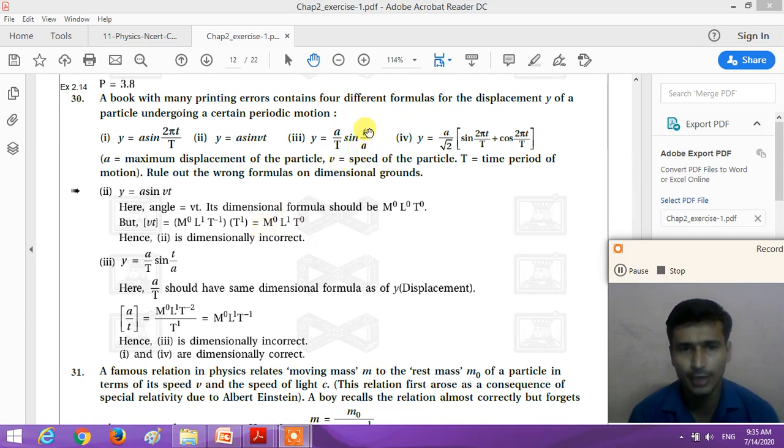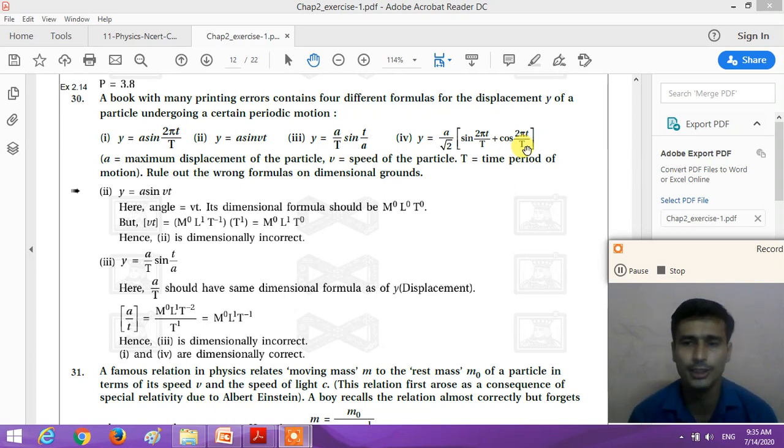Similarly, if you calculate for the third equation, the dimensional formula does not match the dimensional formula of an angle. So, the third equation is also incorrect and the fourth equation is correct. So, dear student, try to find the dimensional formula of all the angles, and if the dimensional formula of the angle is 0, 0, 0, the equation is correct.